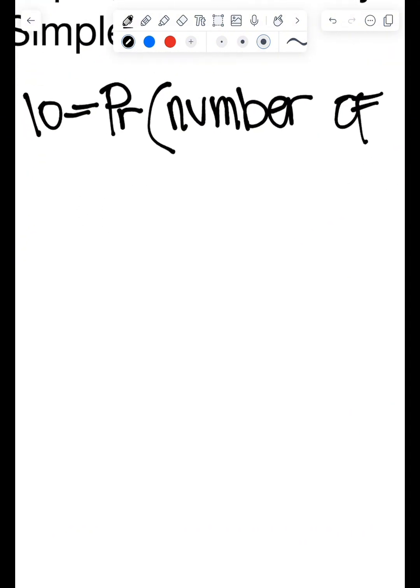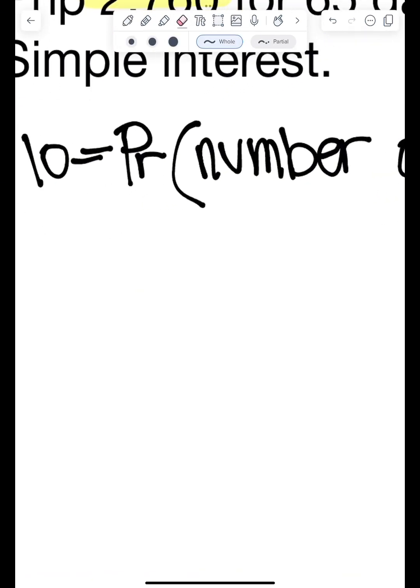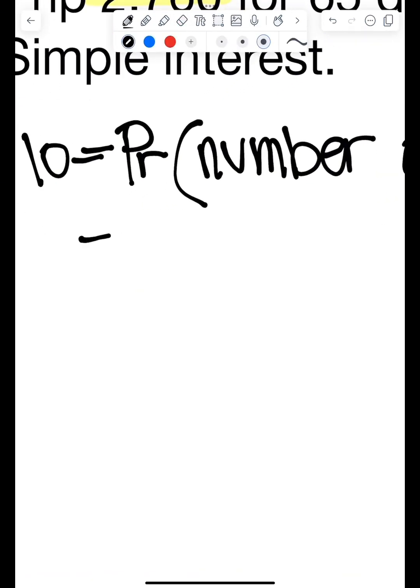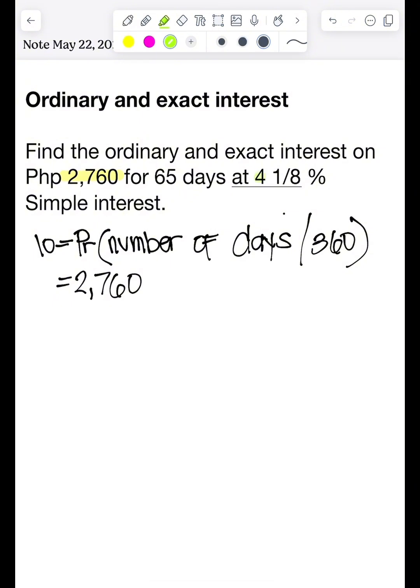After that, you have to copy the amount, which is the 2,760. After that, you have to convert the rate 4 and 1/8% to its decimal form.